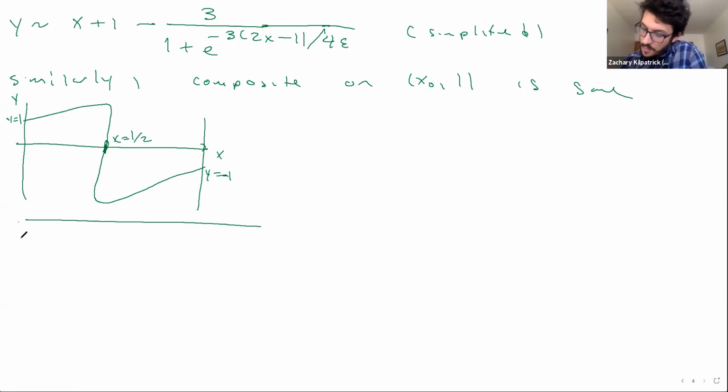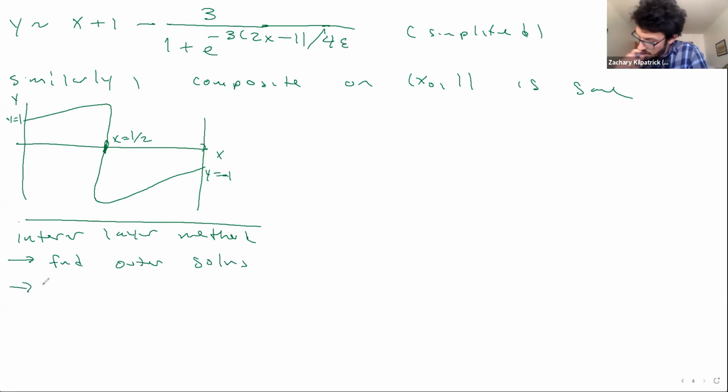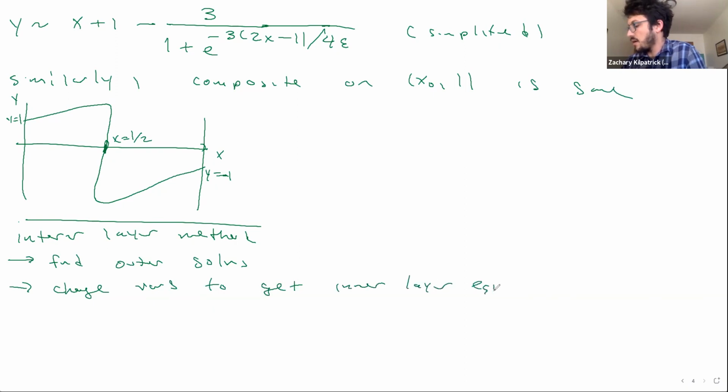So just to sum up: you want to find the outer solutions, then change variables to get the inner layer equation, x bar equals (x minus x0) divided by epsilon to the alpha.